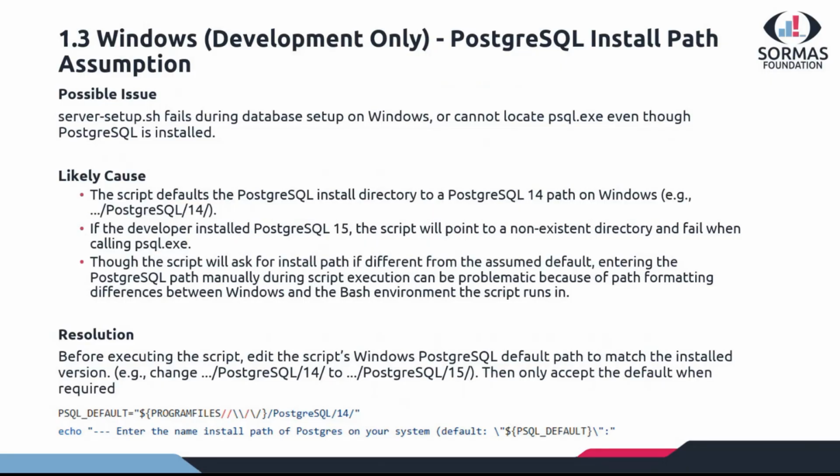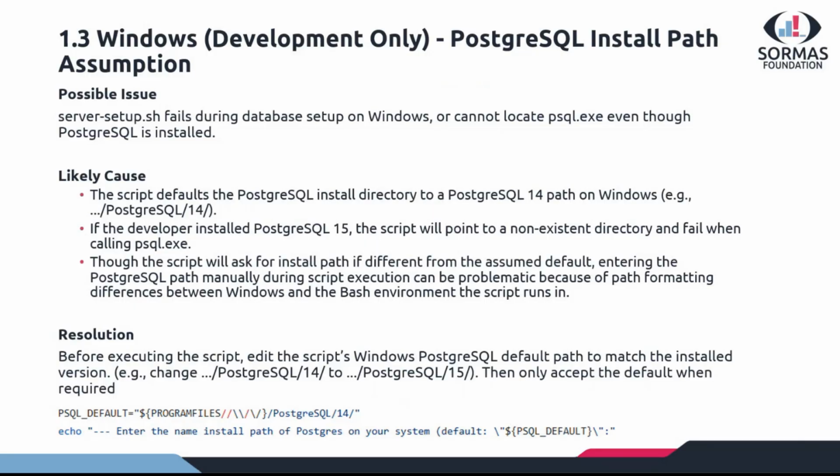During your local development setup, the server setup would fail because it cannot locate where the PostgreSQL binary on Windows is installed. The cause of this is that the script defaults the PostgreSQL directory to version 14, okay?